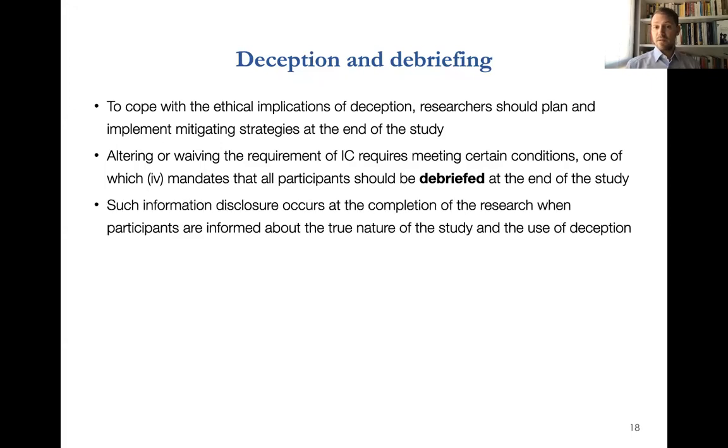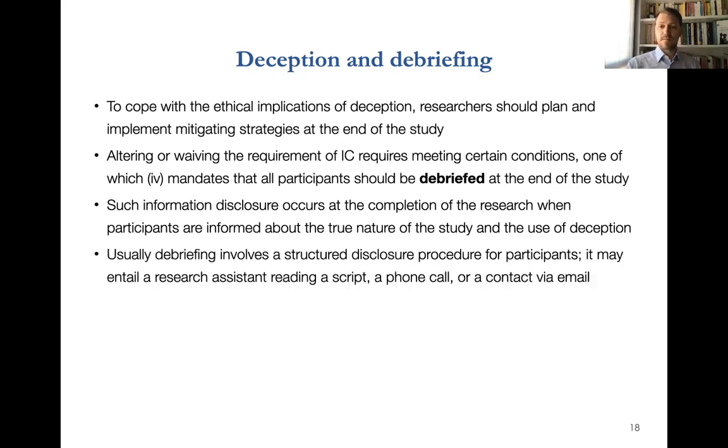Typically, the information disclosure of the debriefing occurs at the completion of the research when participants are informed about the true nature of the study and about the use of deception. So they are informed about what the study was really about, the true role of all those involved in the experiment, and so on and so forth.